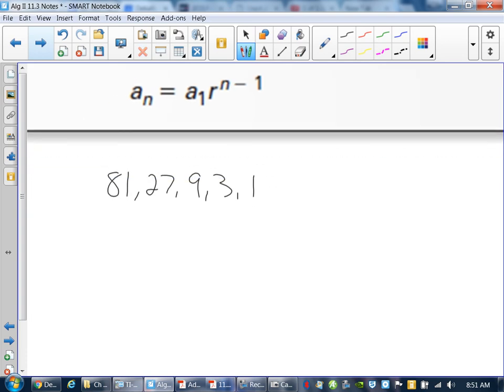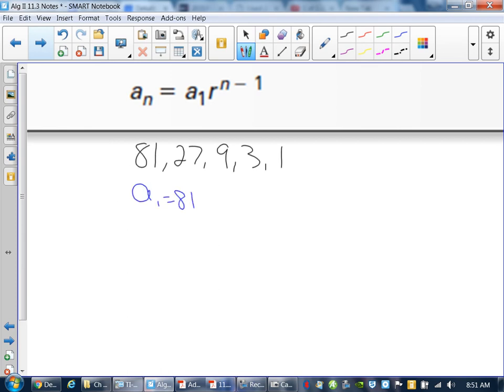So the rule for the geometric sequence 81, 27, 9, 3, 1 is nothing more than figuring out what your rate is. Your first term is 81. Your rate is 1/3. So your rule: first term times your rate to the n minus 1. And that's it.